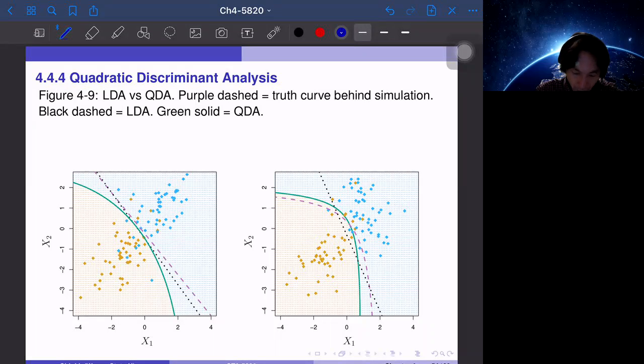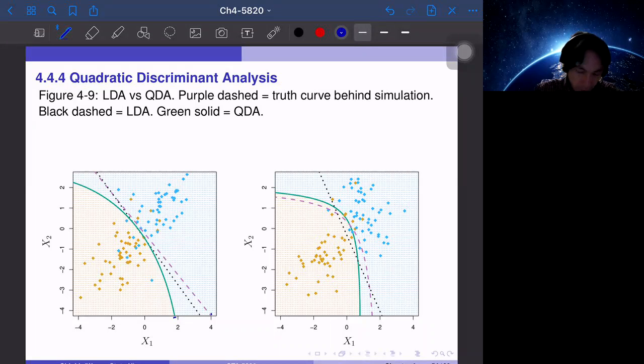So this is QDA versus LDA. The purple dashed line is the true decision boundary that the simulation is based on. So purple is the truth. The black one is the decision boundary by LDA. The green one is the decision boundary by QDA.